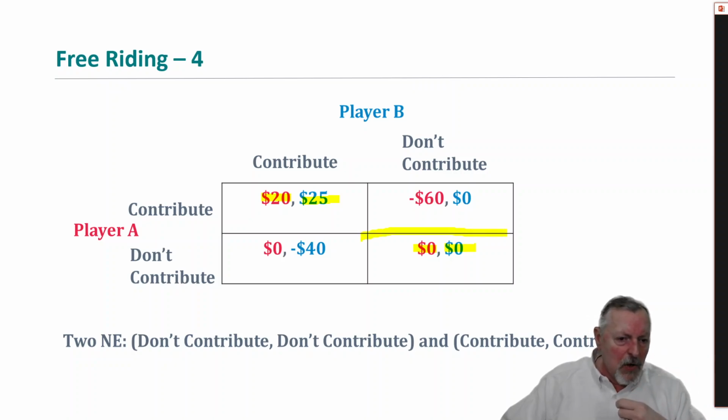Now, because they can each contribute a portion of the price, there are two Nash equilibria. Contribute, and not. Doesn't mean they'll end up at the contribute option, but at least it's possible.